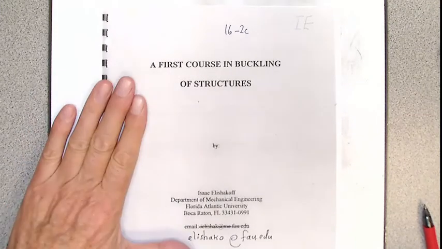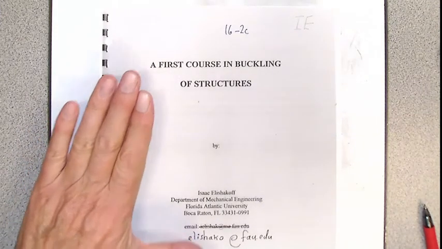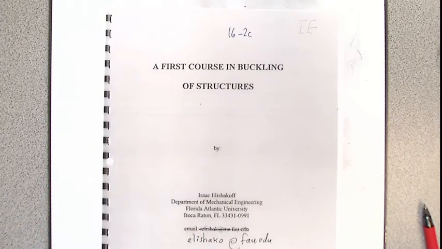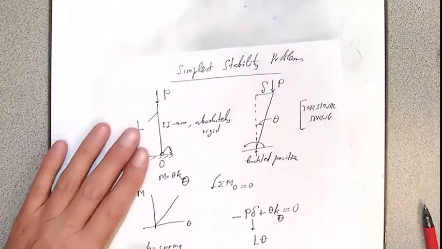I started it a long time ago in the past century, and this material is not yet finished. But some pages I was able to share with you. So that is 16.2, 16.3.